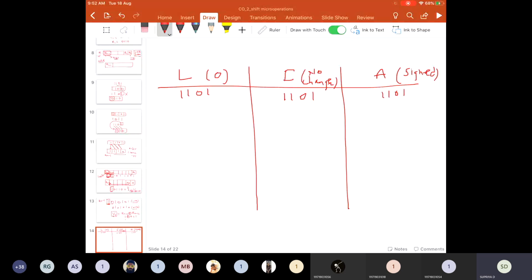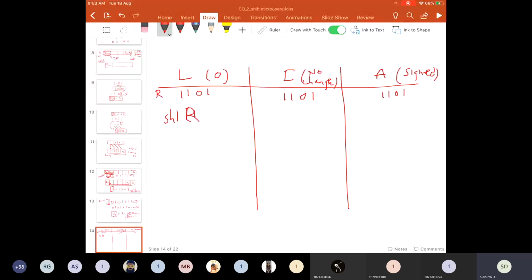So logical shift left is represented by SHL, shift left, whatever the register. If we consider this as a register R, then it can be given as shift left register R. So what does shift left mean?